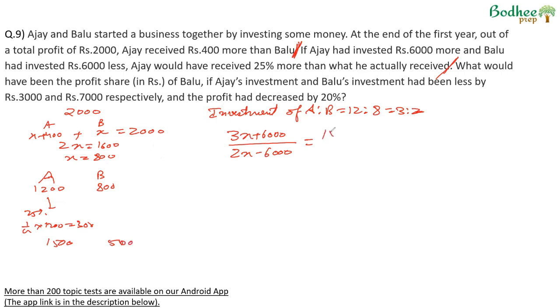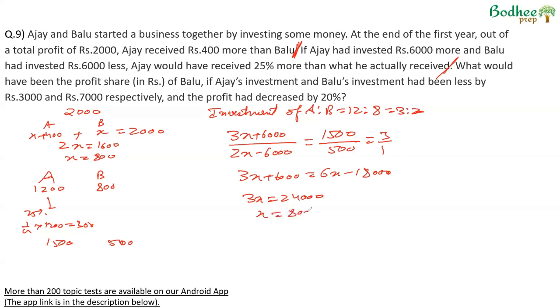Ratio of investment is how the profit will be divided. 1,500 by 500, which is 3 by 1. Cross multiplying, 3x plus 6,000 will be equal to 3 2s are 6x minus 18,000. 6 3s are 18, which means 3x is equal to 24,000, which means x is equal to 8,000.